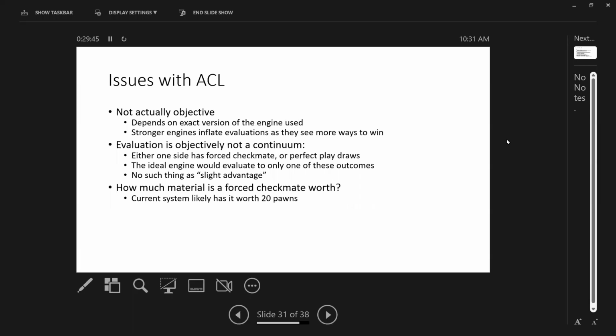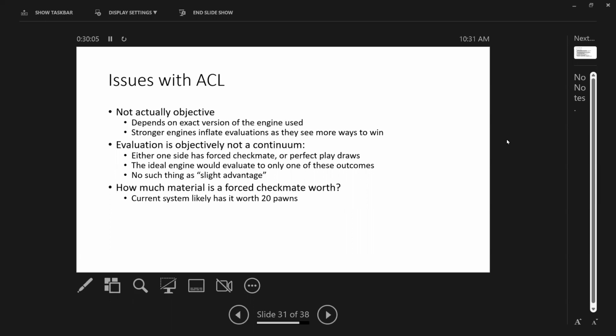Either your advantage is so small that your opponent can draw against you with perfect play, or your advantage is crushing and there exists a way for you to force checkmate. That naturally raises the question of, well, how much material is a forced checkmate worth?